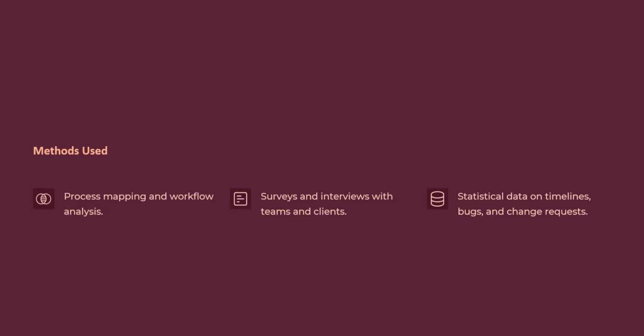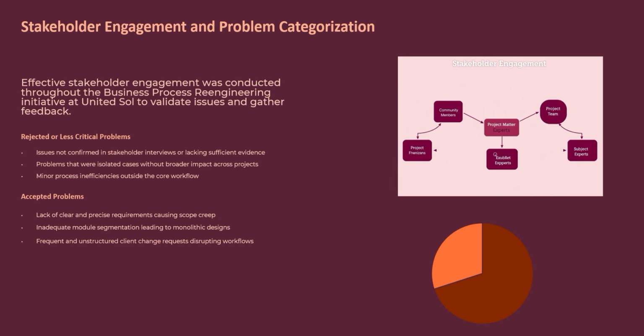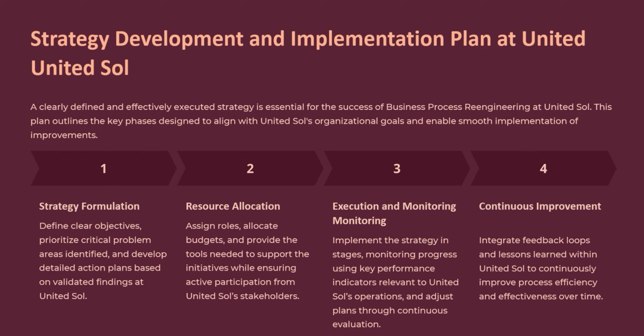So, based on our validated problems, we developed BPR strategies to solve each one. The first strategy was for unclear requirements. We proposed a structured framework using Jira and Confluence, standard templates, and early client validations.